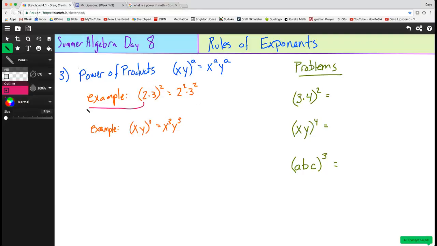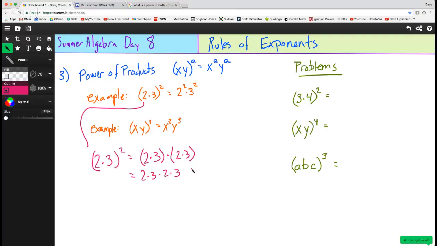Well, let's take this one and say, well, it's 2 times 3 squared. Let's do the rule. Well, it means the inside thing multiplied by itself 2 times. So, well, that's 2 times 3, and I got to multiply that 2 times. So 2 times 3 times 2 times 3. Because everything's multiplied, I can drop my parentheses.